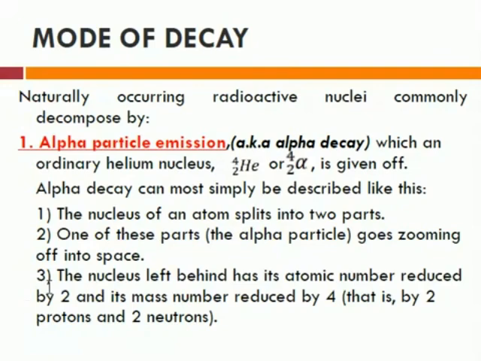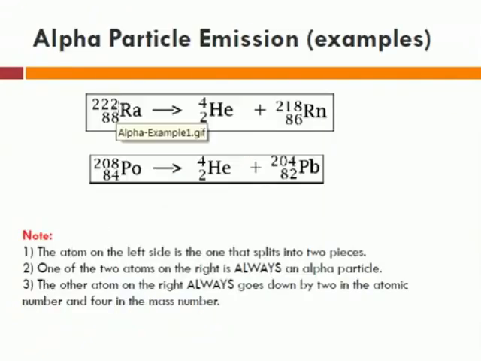Number 3, the nucleus left behind has its atomic number reduced by 2 and its mass number reduced by 4. So from this one, the mass number is reduced by 4 and the atomic number is reduced by 2. The equation must be balanced both on the reactant and the product side. So we have the mass number 222 here, and here we have 4 in the helium and 218 here. 218 plus 4, so we have 222, so balanced.